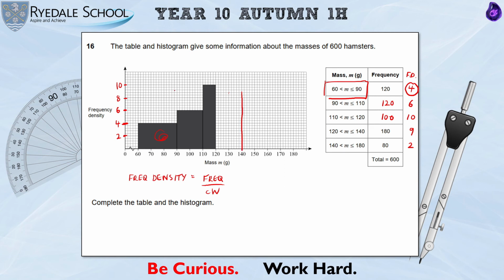And 9 is slap bang between 8 and 10. So about 2.5 of those little squares. And then we've got a bar that needs to be 2 high from 140 to 180. So that is that question completed. But the key is this formula here. So make sure you get that formula learnt, please.